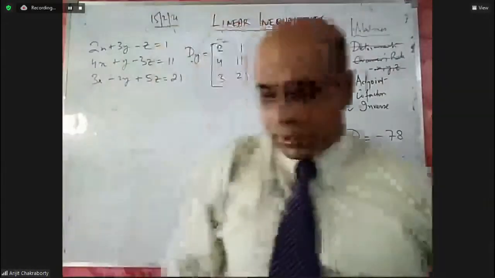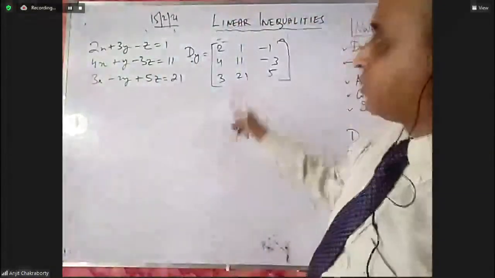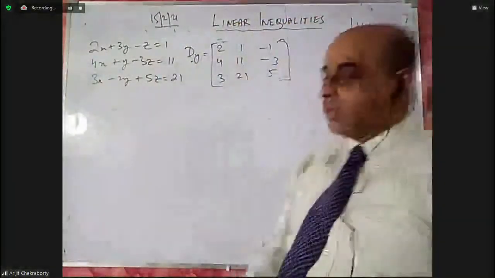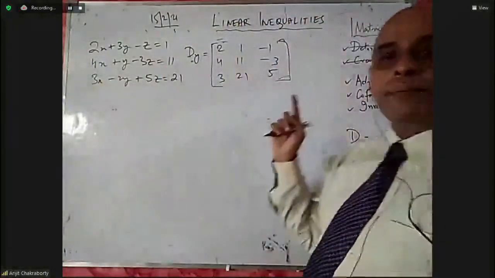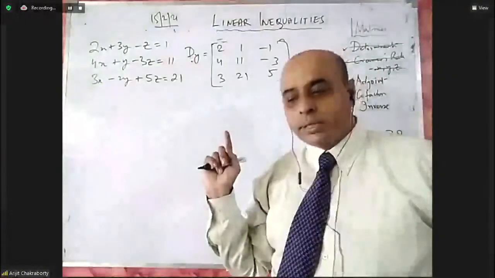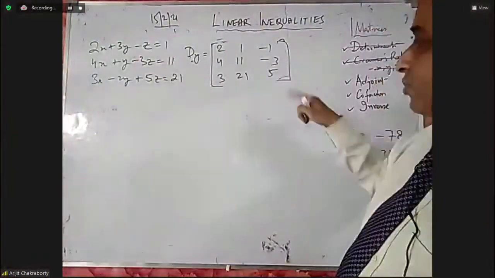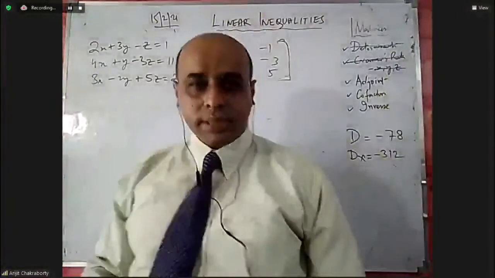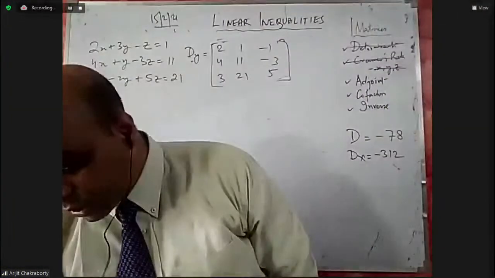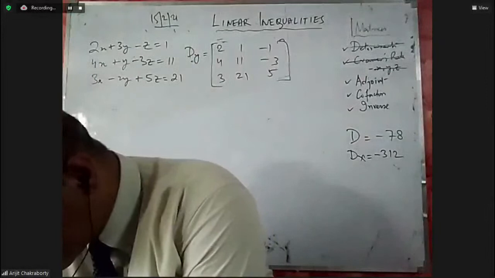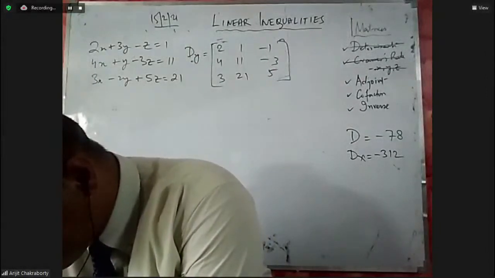So let us see whether the dy construction is correct. We have 2, 4, 3, 1, 11, 21, -1, -1, -3, and 5. Right? So now we are set to start with the computation and to see what it gets us to.